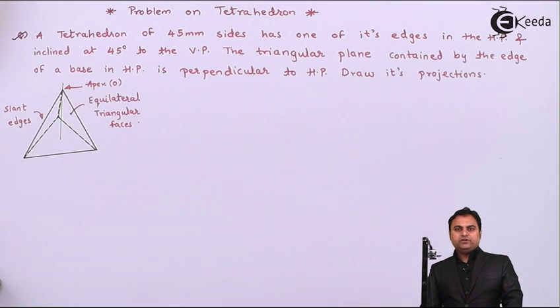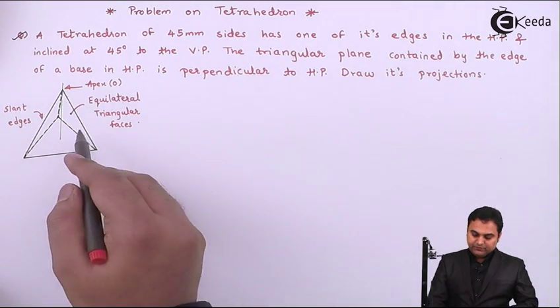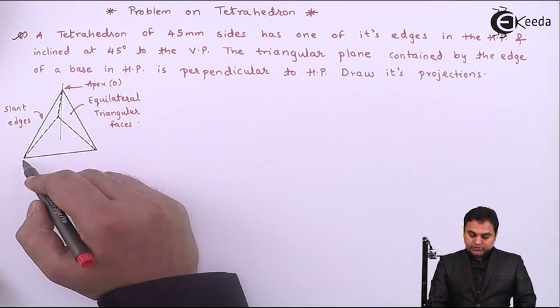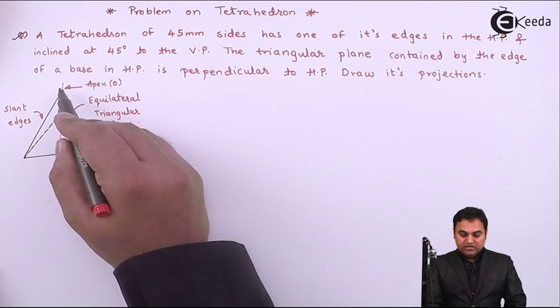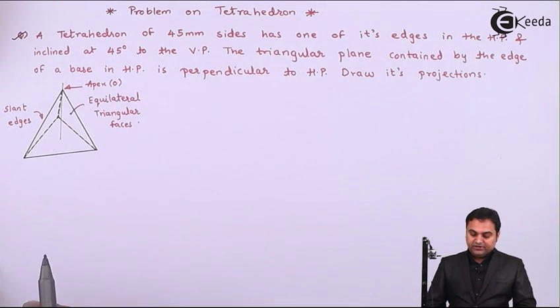So here we have a tetrahedron in which it has equilateral triangular faces. Then the base corners are connected to a common apex with the help of slant edges. So this is the tetrahedron.